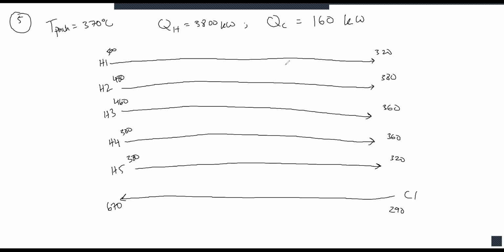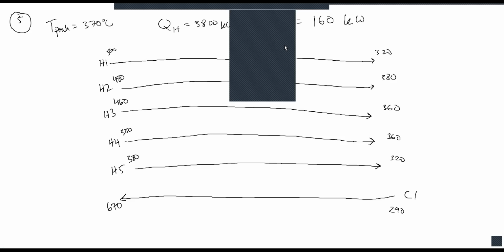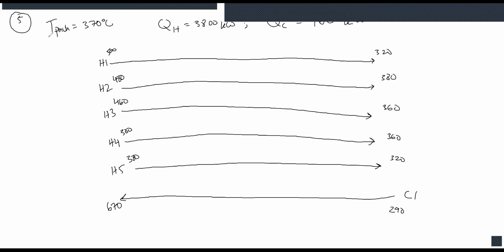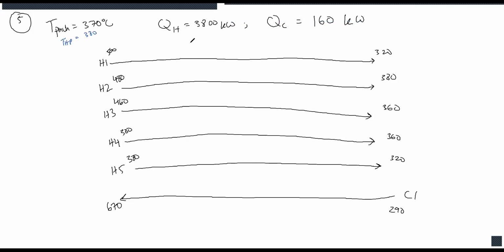So now let's draw our pinch point, or a line for the pinch point. Okay, so this is the cold pinch. Our delta T for this problem was 10. So our hot pinch was 380. So I'm just going to draw a line here down the middle to divide this problem into above the pinch and below the pinch.